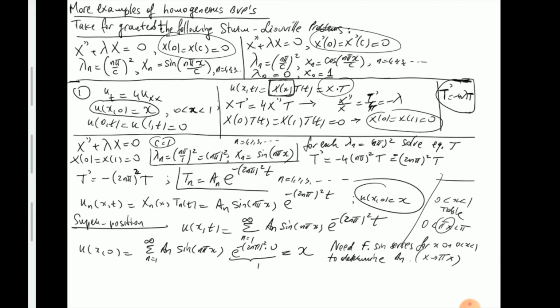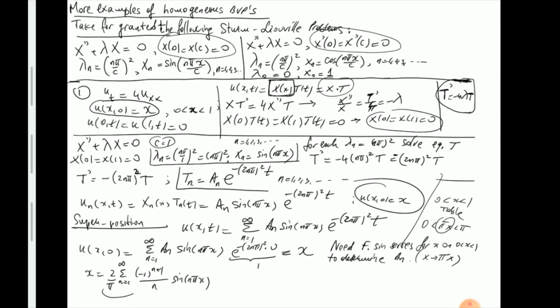If you do that correctly, then x is equal to 2 over pi, because you move pi from the left to the right, times the summation from 1 to infinity of minus 1 to the n plus 1 over n, times sine of n pi x.